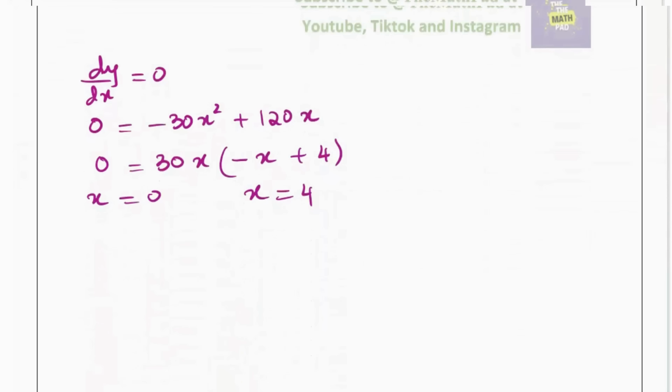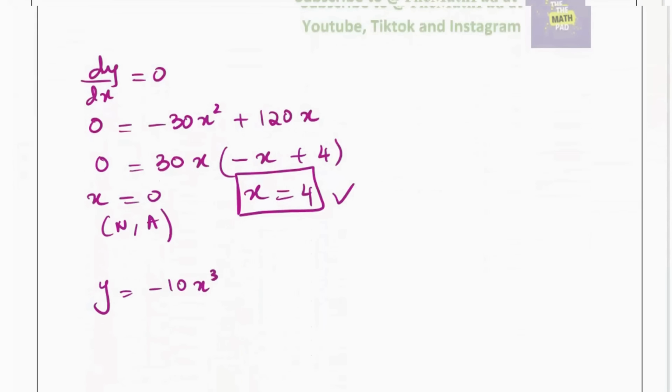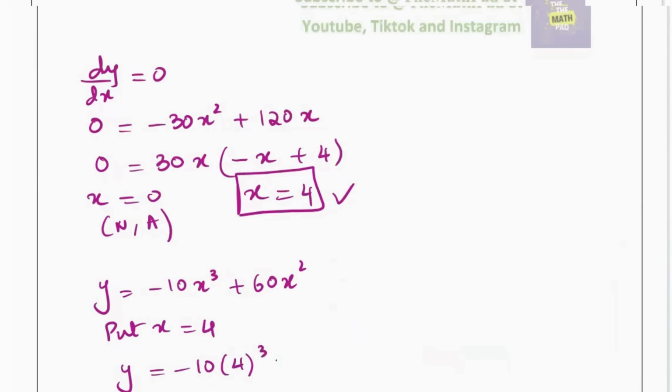We know x cannot equal 0 because x is the radius, which means x is going to equal 4. So y was equal to negative 10x cubed plus 60x squared. We put x equals 4 in this equation to find the maximum value of y. So negative 10 times 4 cubed plus 60 times 4 squared, and that equals 320. So 320 is the maximum value of y.